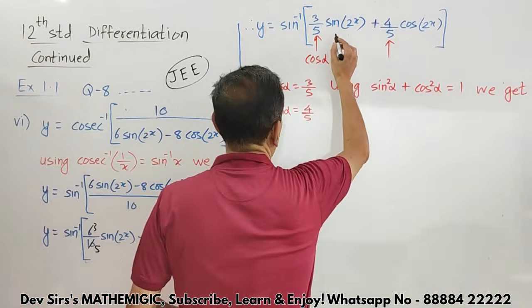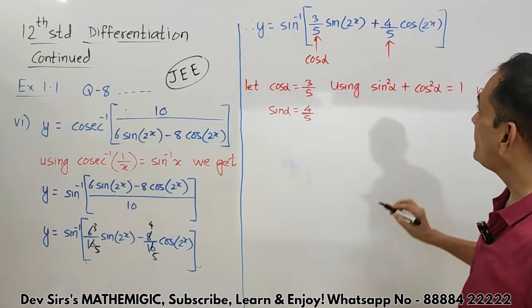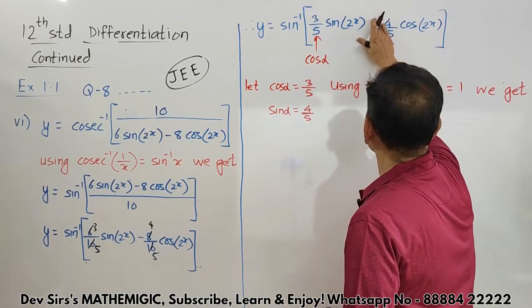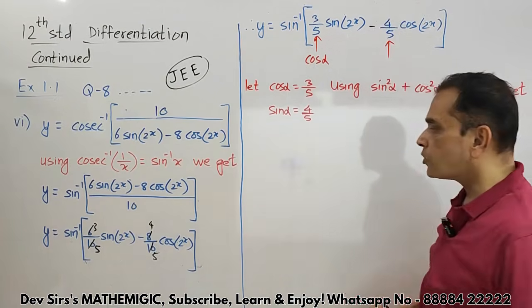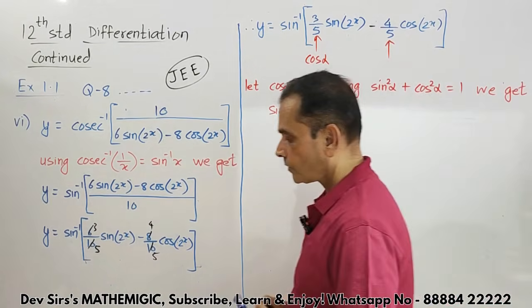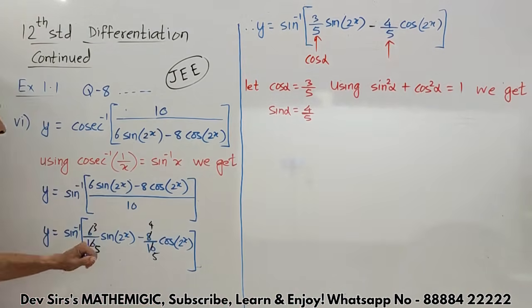So 3 by 5 sine 2 raised to x minus 4 by 5 cos 2 raised to x. Clear? Okay? You have a minus sign here.